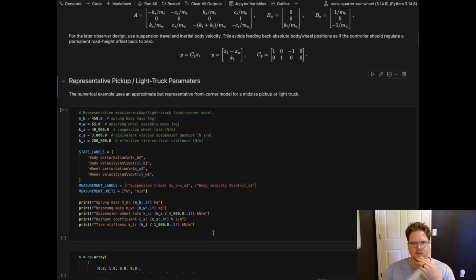Okay, so I have a pickup truck, and I actually had ChatGPT generate some interesting pickup truck, light truck, coefficients here for the mass of the body, wheel, suspension, wheel rate, the tire stiffness.